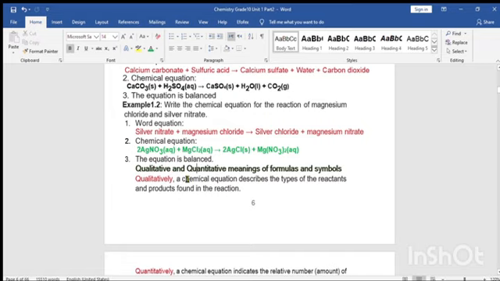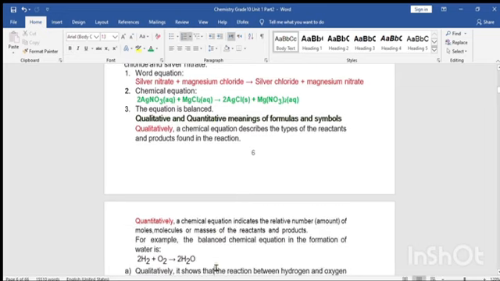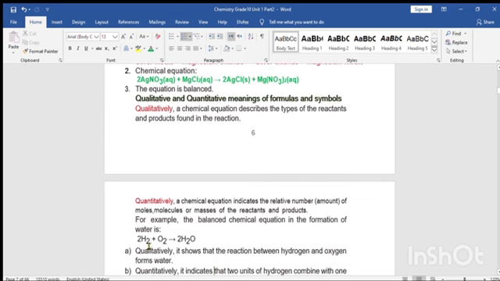Qualitative and quantitative meanings of symbols and formulas. What it means is that qualitatively we can determine the type of atoms or molecules found within the given chemical equation, and quantitatively we can determine the number of atoms or molecules found within the given chemical equation. For example, hydrogen reacts with oxygen to form water.